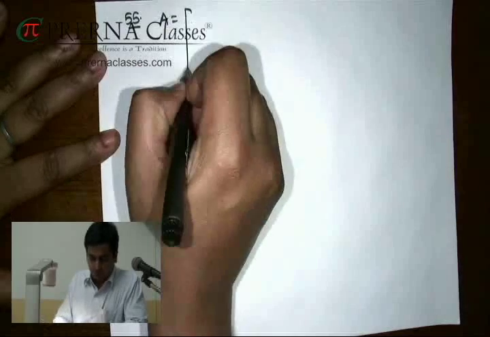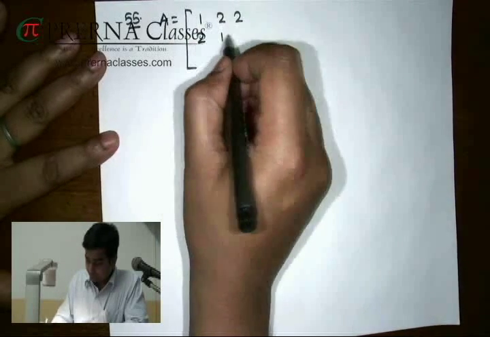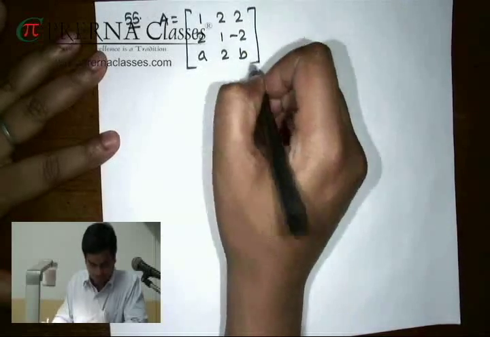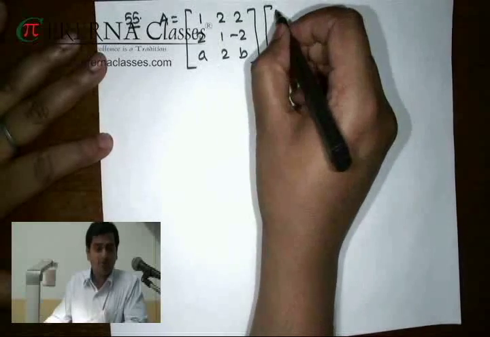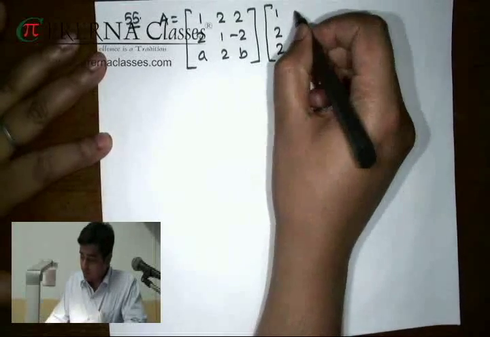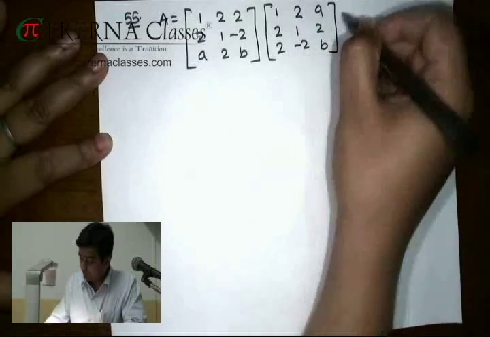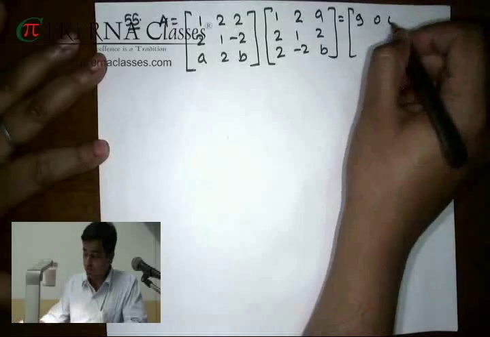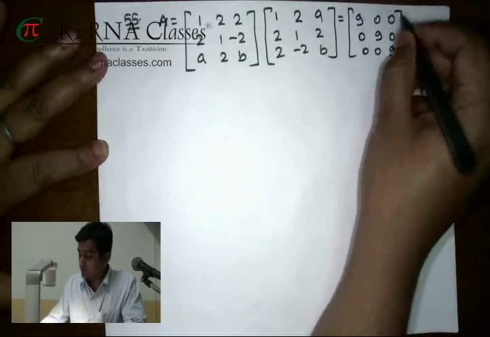Okay, next problem is related to matrix. You have one matrix given as this. And further it is being told that A into A transpose is given to you as 9 times a unit matrix. Clearly then this product has to match with this particular matrix.